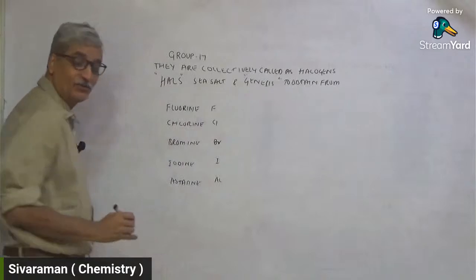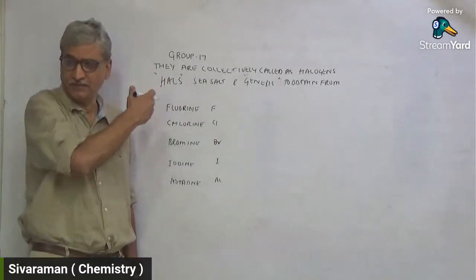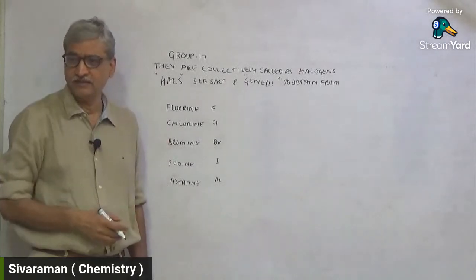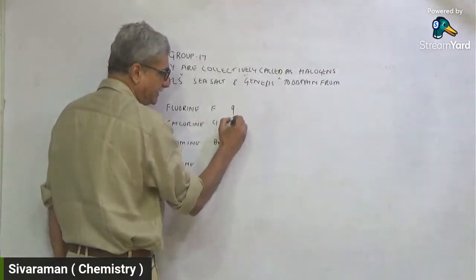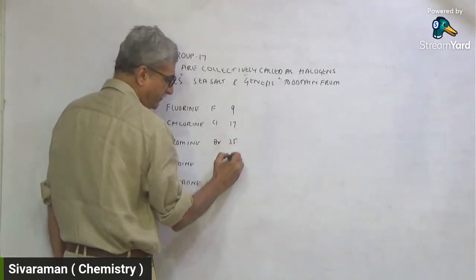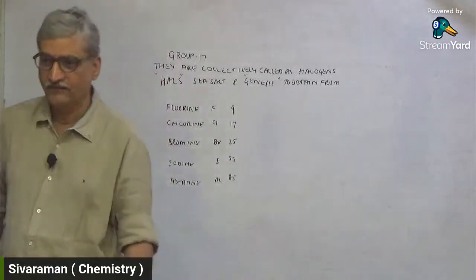I told you, these are the only atomic numbers I remember, because then we just go on subtracting 1 for the groups which are behind, like group 16. So this is 9, 17, 35, 53, 85.